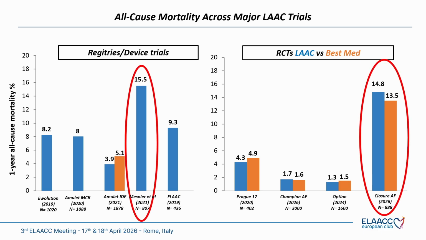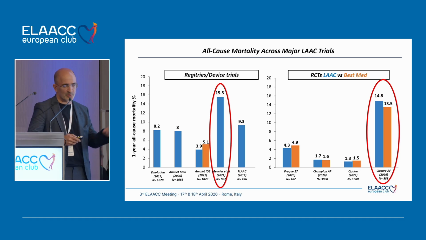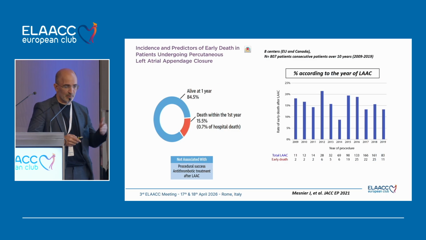I just focus on CLOSURE-AF, already presented by Karsten, but I will show one multicenter registry from Spain and Canada, published about 4 or 5 years ago. They showed that in a multicenter registry of unselected patients, the mortality at 1 year is 15.5%, which is quite high, the same or even more than in CLOSURE-AF.